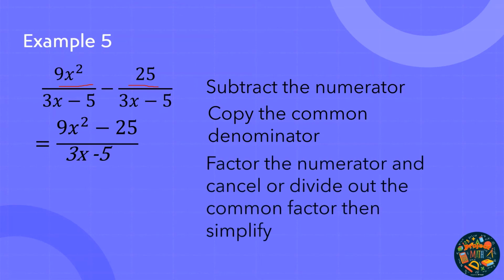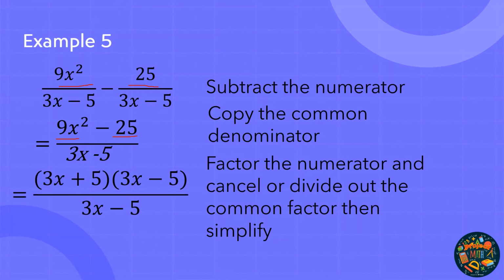Okay, then factor the numerator. Since the numerator is a difference of two squares, you get the square root of 9x squared, which is equivalent to 3x, and the square root of 25, which is 5. So we can write it as plus and minus.